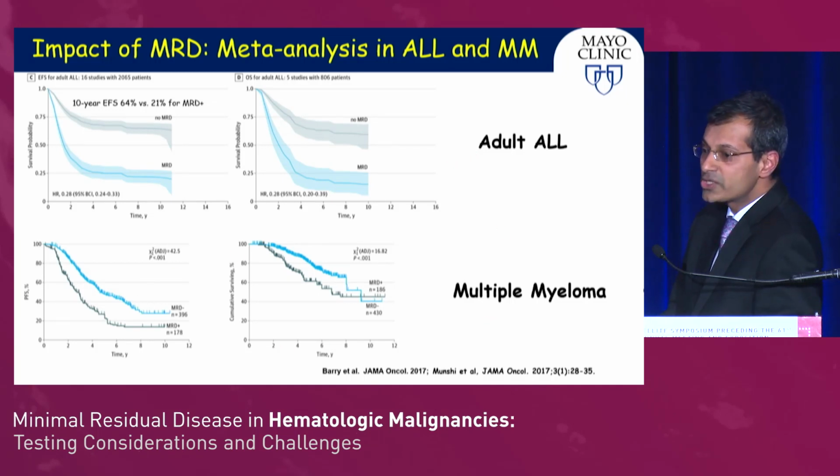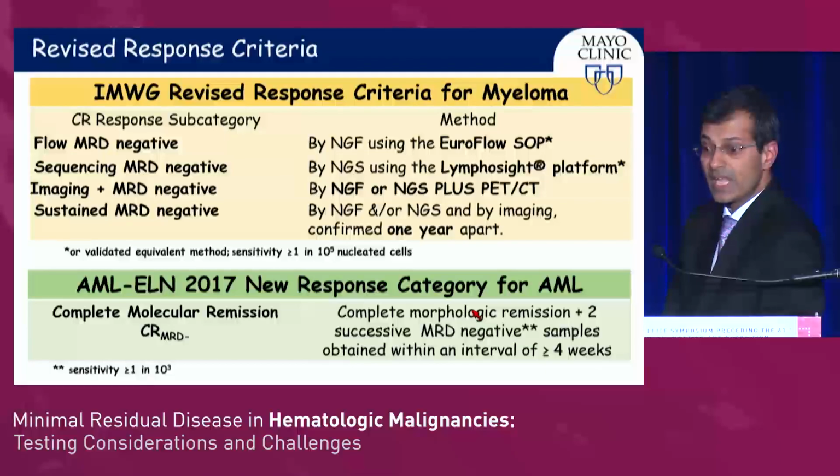Similar results were also reported in multiple myeloma patients who had achieved CR following therapy. And based on these, IMWG has actually revised their response criteria for multiple myeloma. There are new categories or subcategories for CR response that have been created.